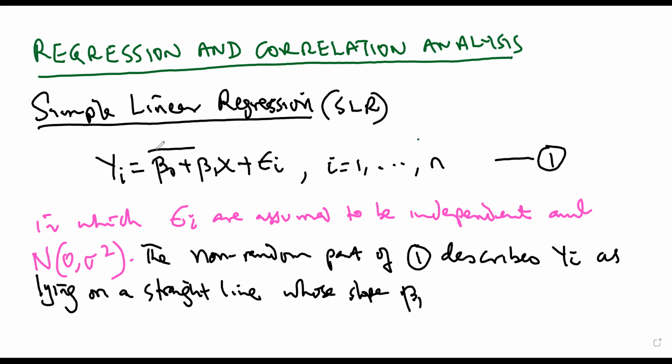Okay, so this is what you're calling the non-random part. And then this is the random part of the model.